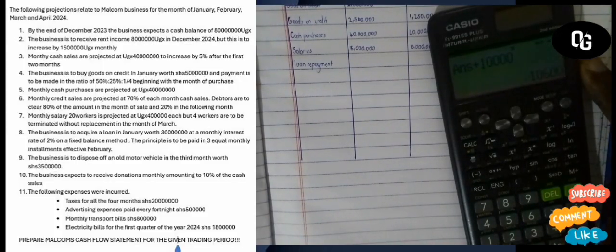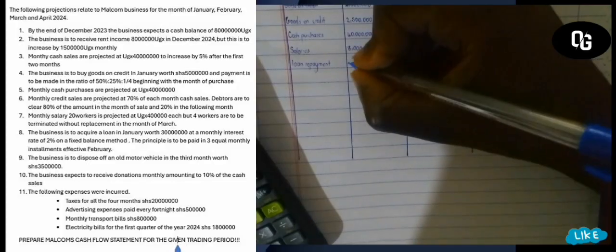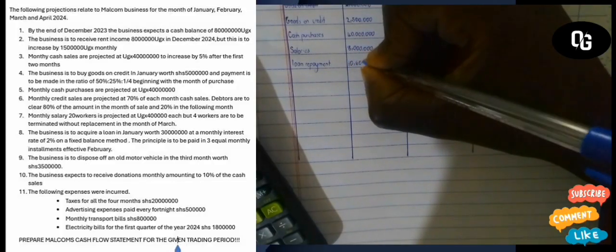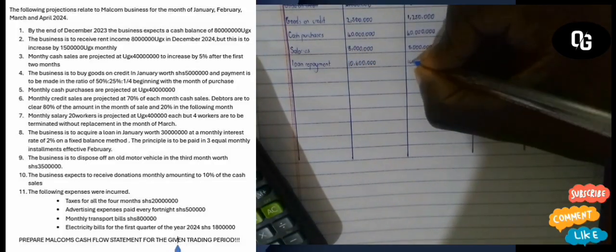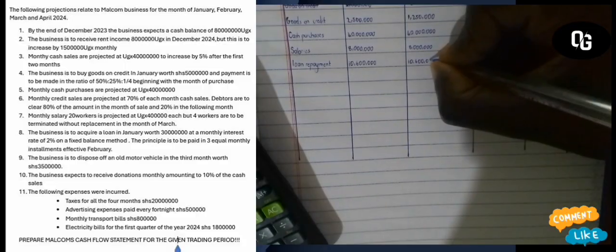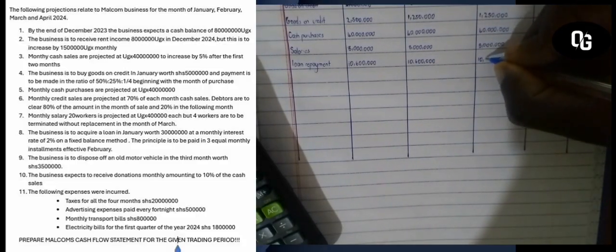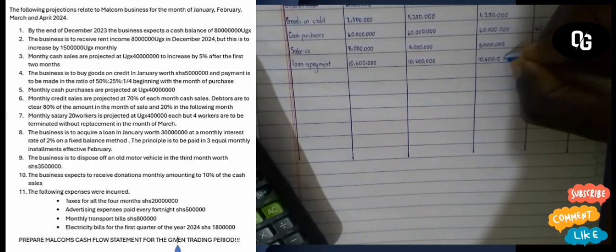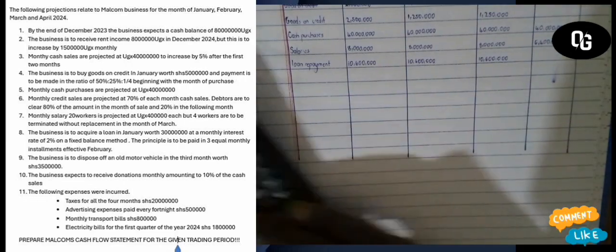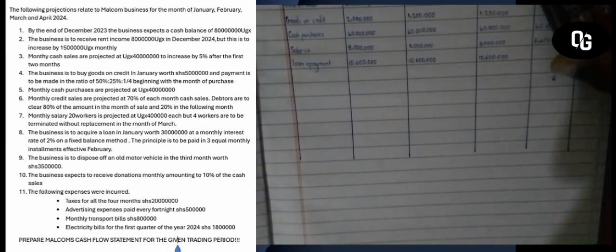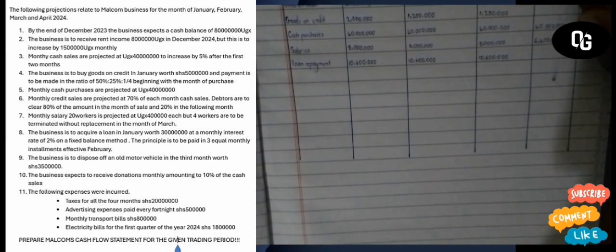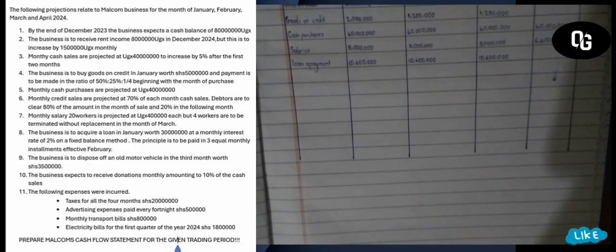So the business acquired a loan of 30 million, and on that loan we shall pay back 600,000 every month. So dividing that loan three way gives us 10 million. So each month we are paying 10,600,000. So for January, February, and March, 10,600,000, 10,600,000, and 10,600,000.